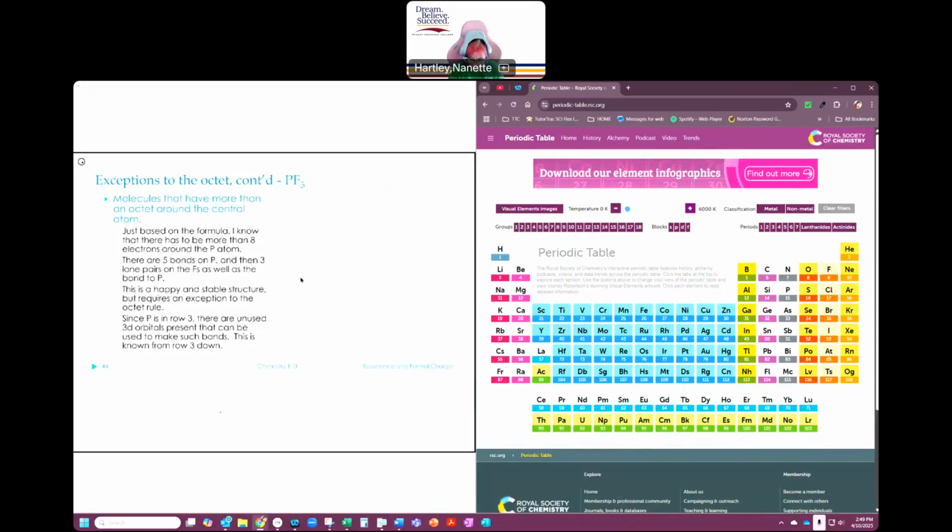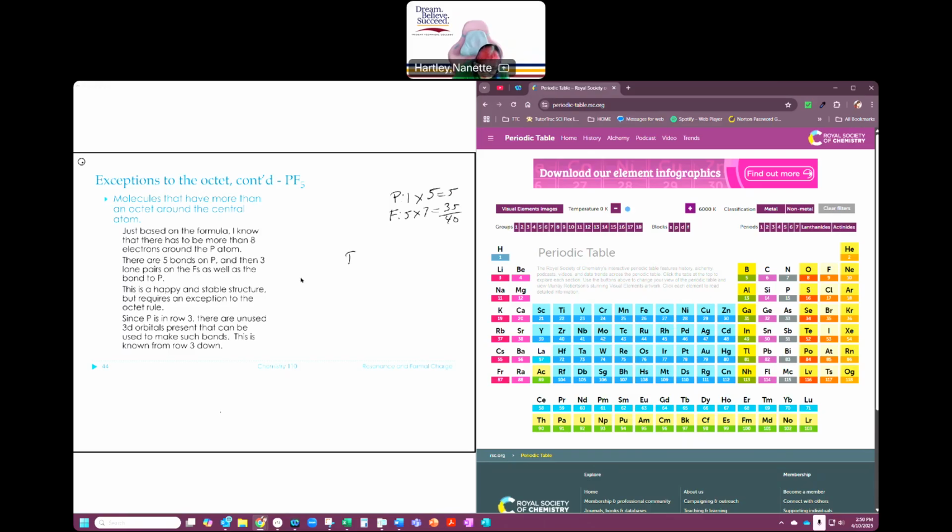Let's talk about PF5. And we have our P, there's one of them, and P being where he is, he's under nitrogen, so he has 5 electrons. We have fluorine. There are 5 of them, and each one has 7 electrons, so that's 35. That brings a total of 40 electrons that we're bringing to this.